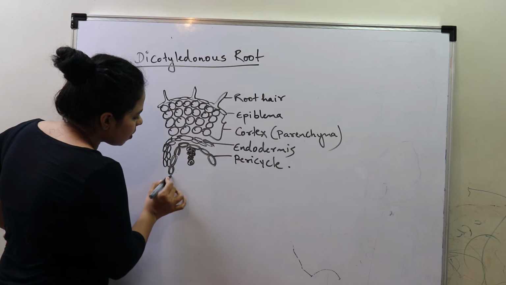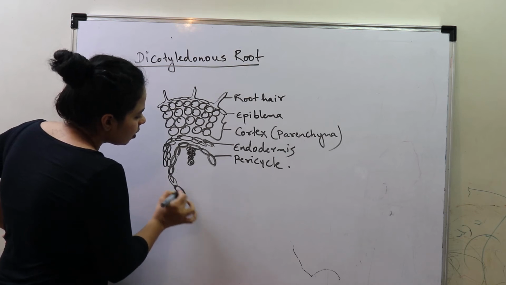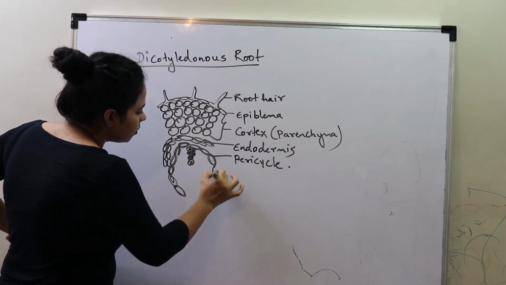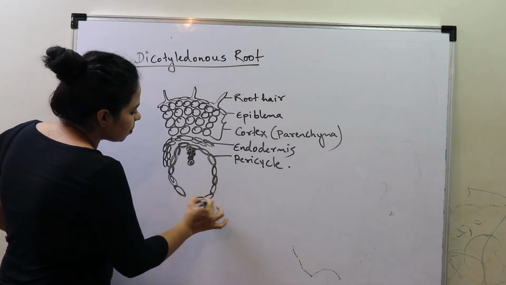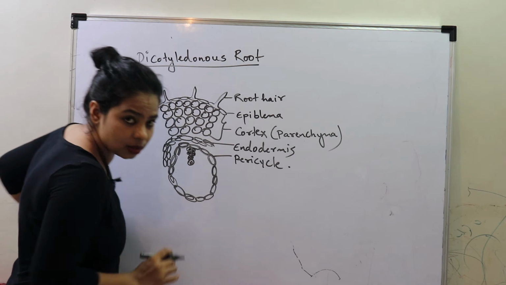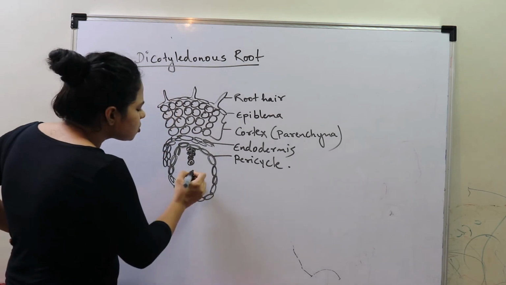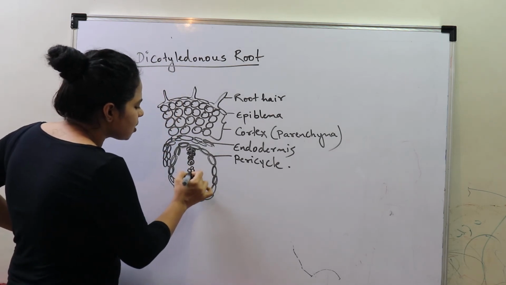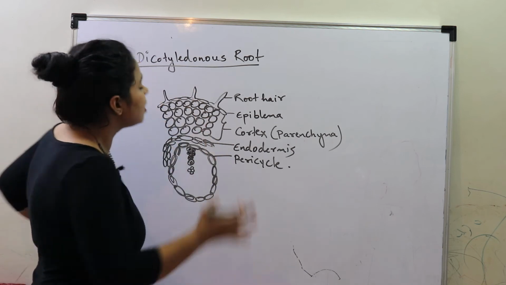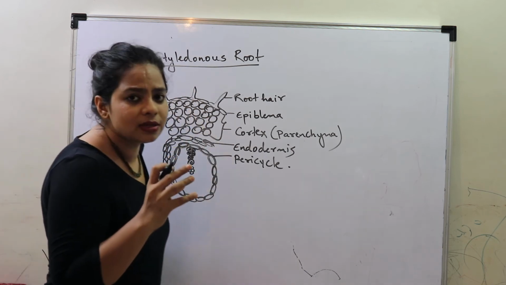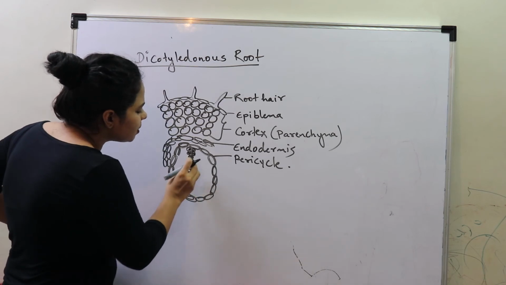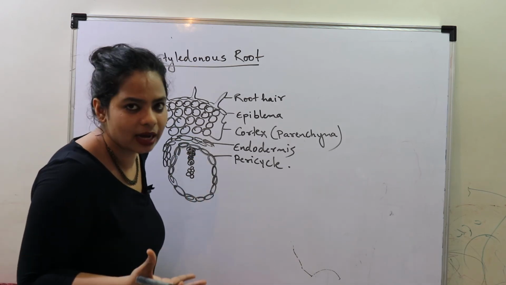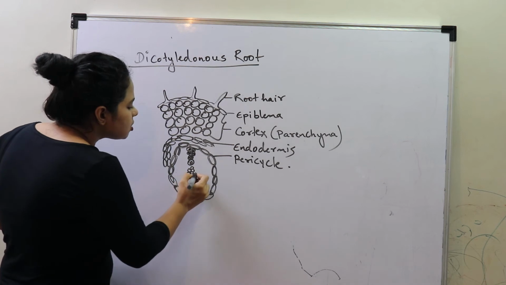If this is your pericycle, the central part of this root is pith, and the pith is small here as compared to monocot root. In case of dicot root, the pith is not that large. Pith is the central part made up of parenchyma cells. So this is small in this case.